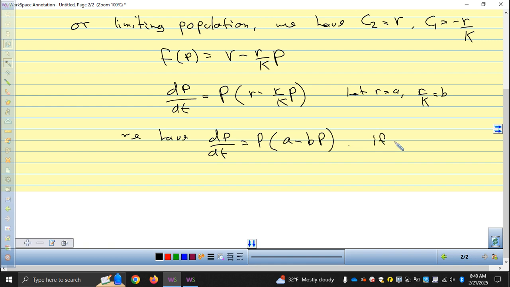And if both a and b are positive, we call this the logistic equation. The logistic equation is probably one of the most prevalent equations for population growth, other than our basic population growth model.